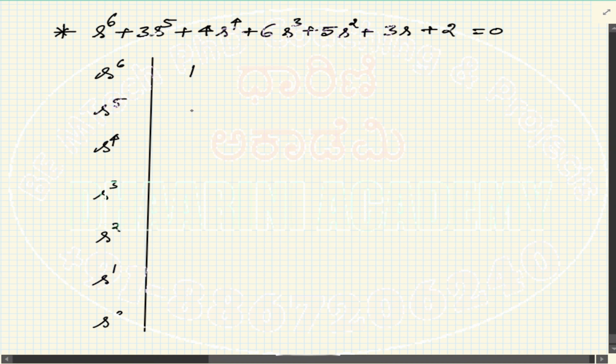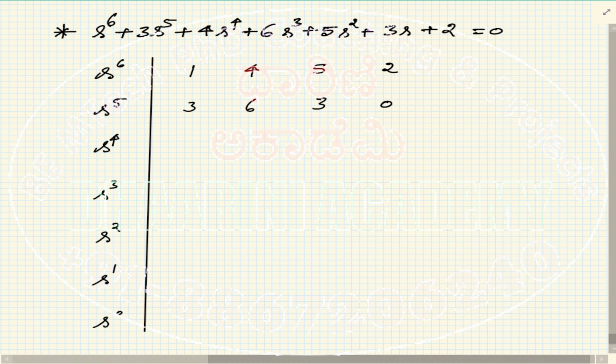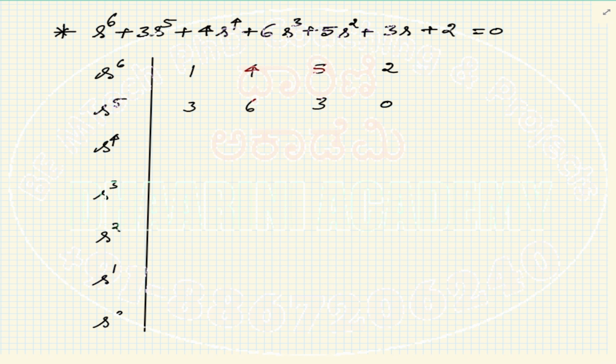One, 3, 4, 6, 5, 3, 2, and 0. 3, 2, 0. Okay.